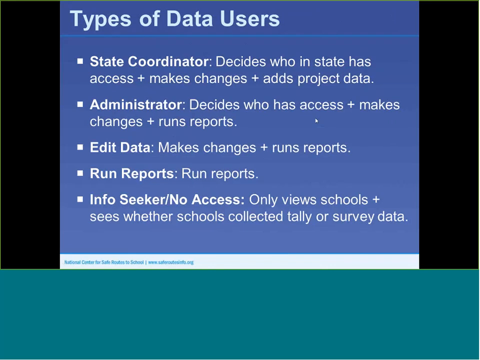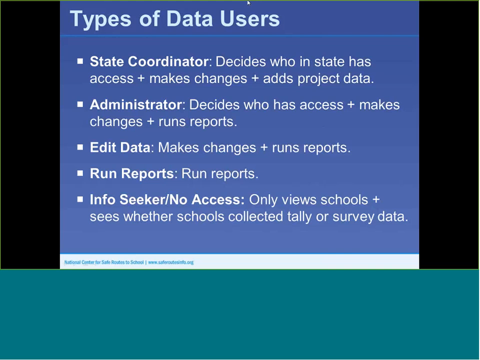So just briefly, especially for those not familiar with Safe Routes data, there are different levels of users. So the top user, because under our contract with FHWA, we established that the state DOTs actually own the data system. The state coordinators are the top level across.